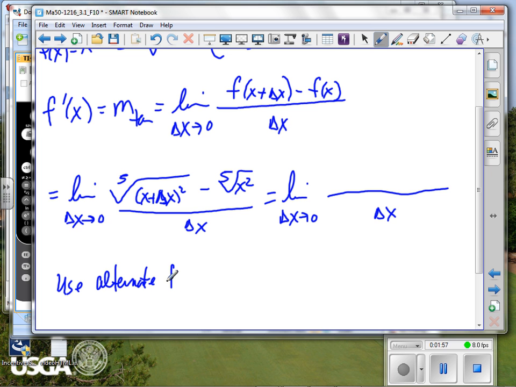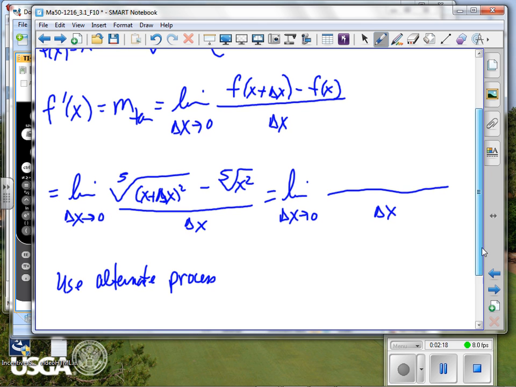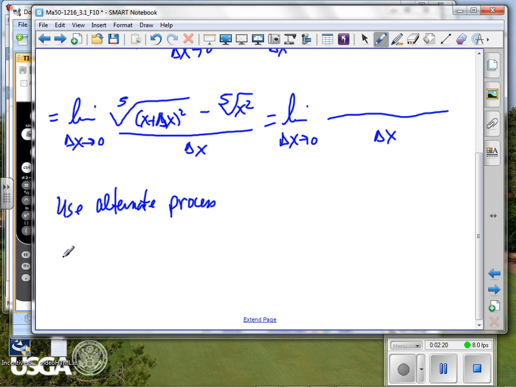This is one of those cases I was telling you about where we want to use the alternate process. Nothing wrong with our approach, but with the tools that we have, we really don't want to get into this work. So let's start over again.